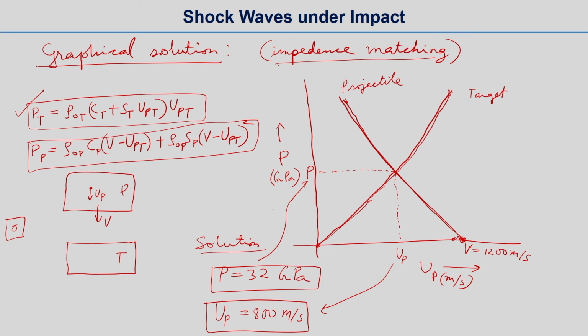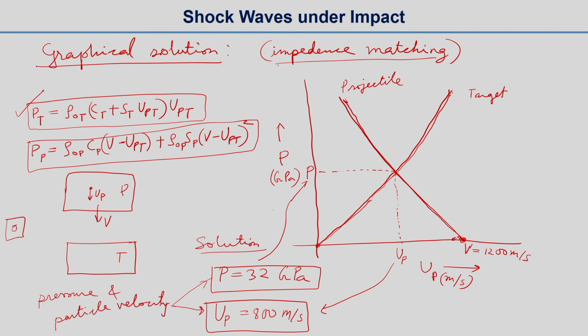As you can see, this is a faster technique than the analytical one. Also, if we get these parameters like P or UP, or UP1 or UP2, that means for target or projectile, this is basically pressure and particle velocity.